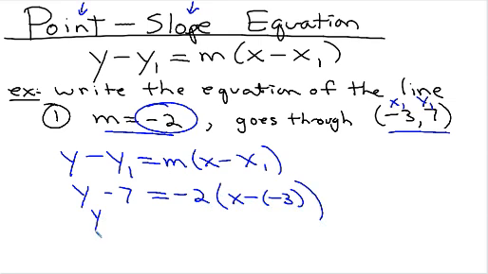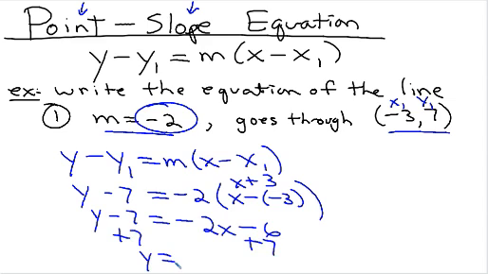So you have y minus 7 equals, this is x plus 6, I'm sorry, x plus 3. Sorry about that. It'll be a 6 after we distribute. So I distribute through and I have -2x minus 6. And then I add 7, and now I have the equation of the line.